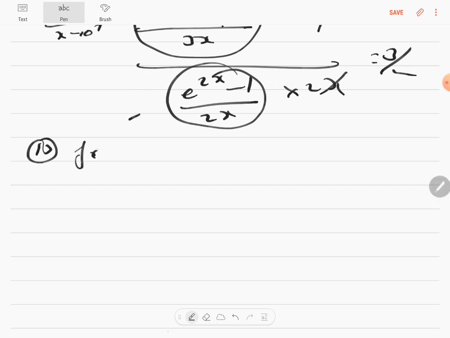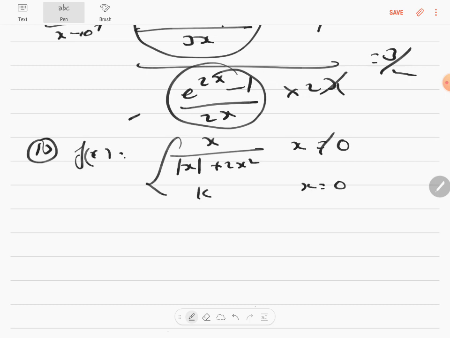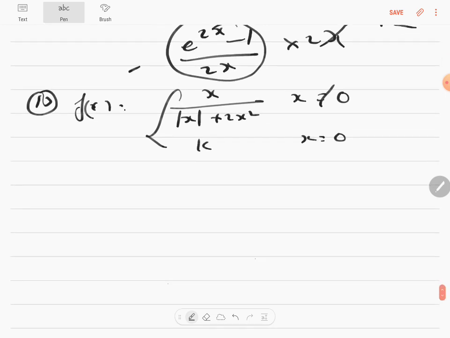So f of x is equal to x by mod x plus 2x square if x is not equal to 0, and k if x is equal to 0. The moment you see mod x, when x is less than 0 it will be minus 1, when x is greater than 0 it will be plus 1. So limit of f of x as x tends to 0 from the left, meaning lesser than 0, the function will be minus x plus 2x square.